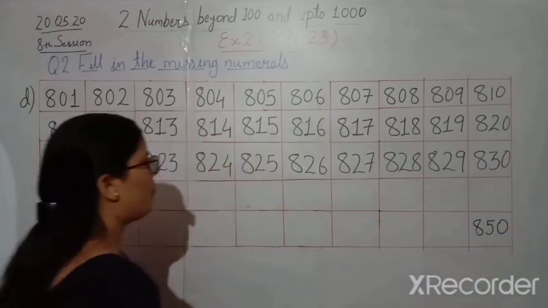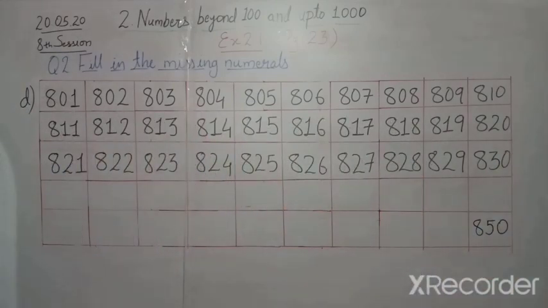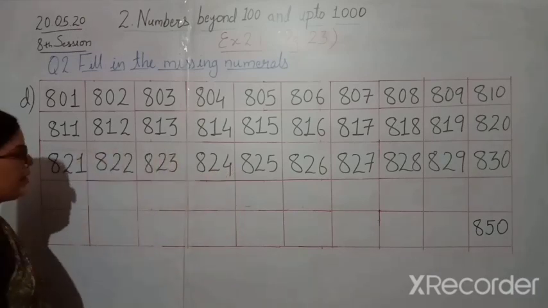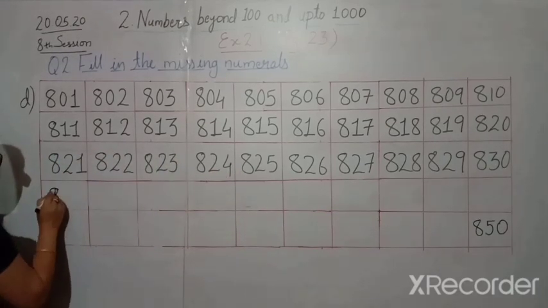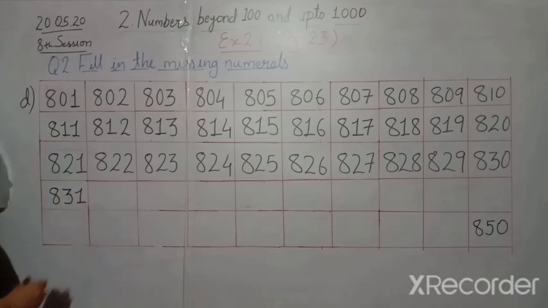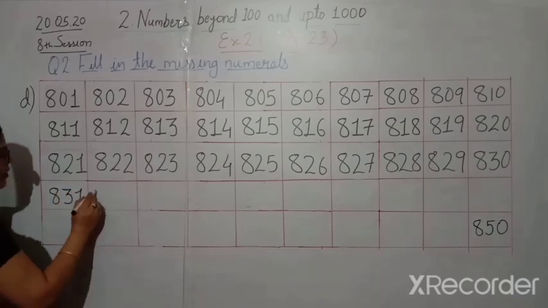The third line is done. Now the fourth line. What will come after 830? It will be 831.